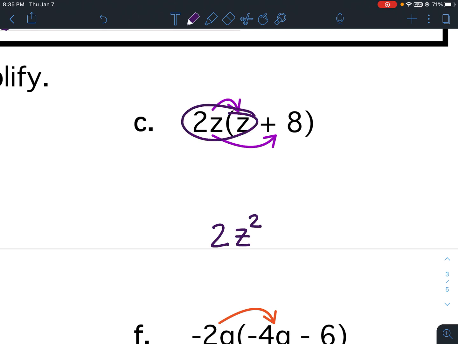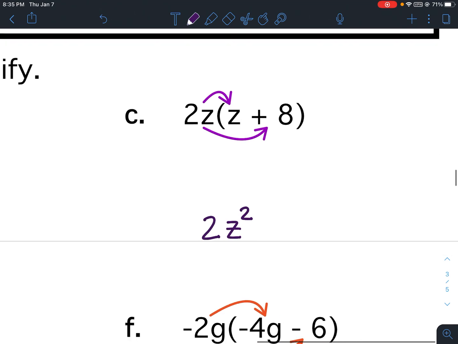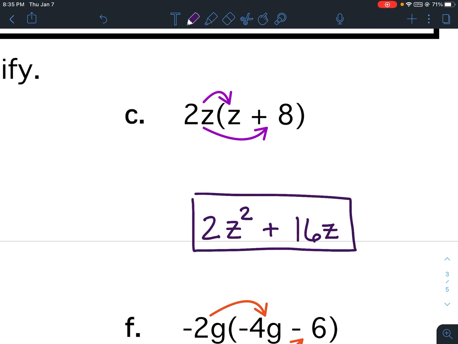So when I multiply those two together, I get 2z squared. And then 2z times 8, 2 times 8 would give me 16, and then I would still have the z. So for C, it would be 2z squared plus 16z.